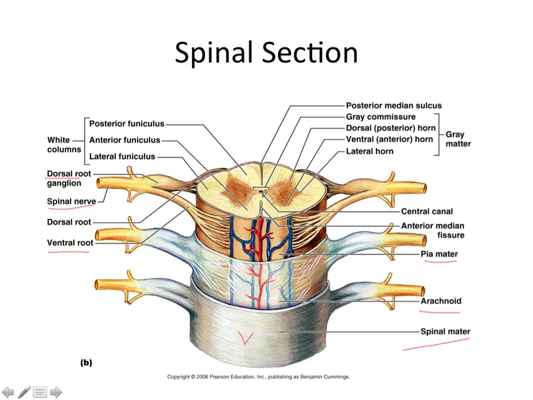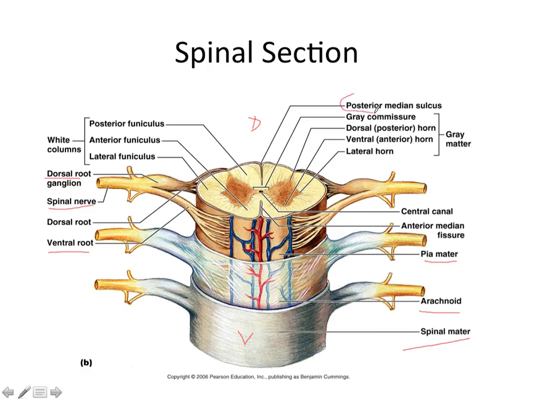The spinal cord has a ventral side and a dorsal side. In the middle of the spinal cord we can see two fissures. The ventral fissure is much wider, whereas the dorsal fissure is much narrower.